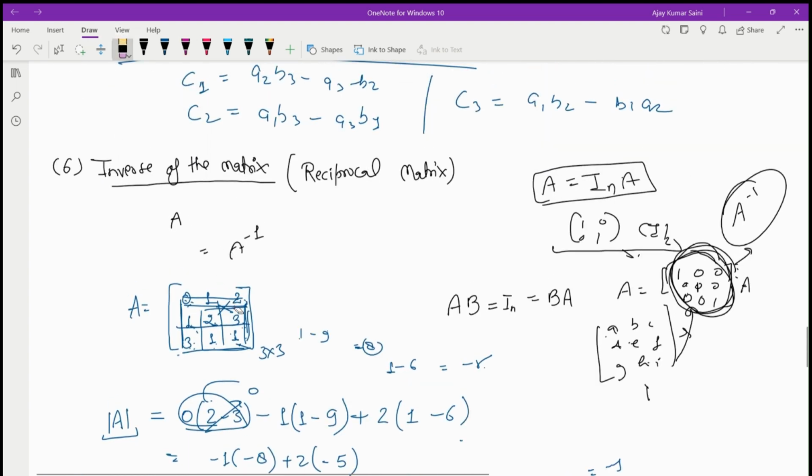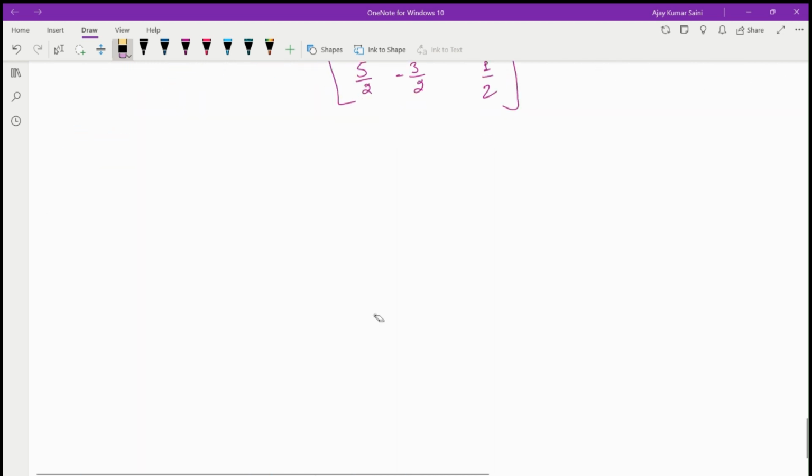So I remove all these unwanted things. Okay, so it is our main matrix. So I hope you are able to understand these things.